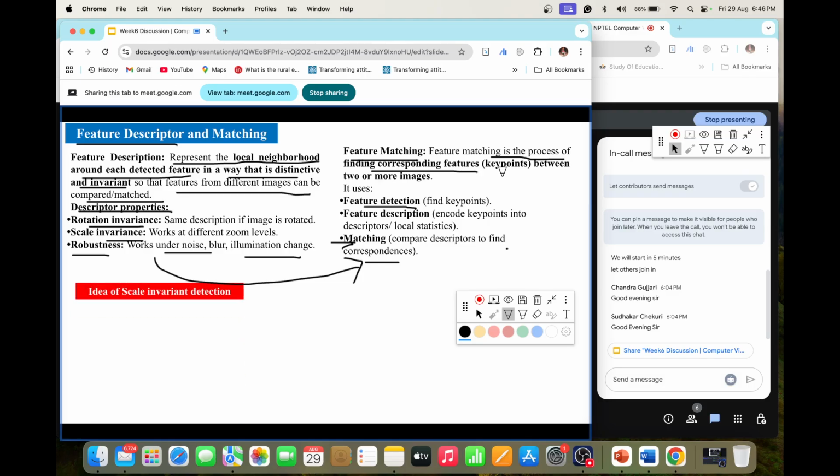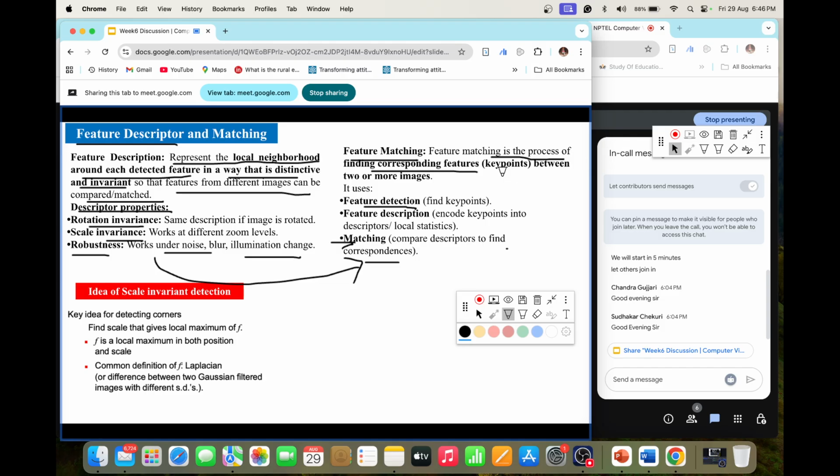So, the idea of scale invariant detection. Scale invariant detection is very important. That means the key point should be scale invariant. For that, to have scale invariant detection, find the scale that gives a local maximum of f. Local maximum is important.